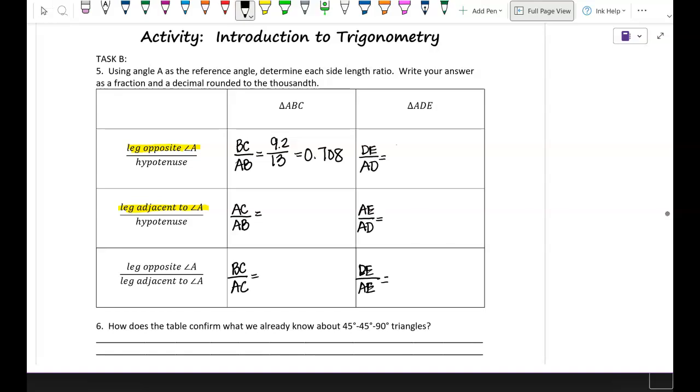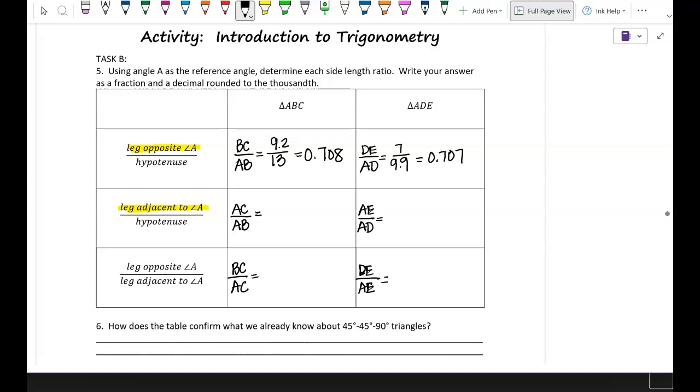For me, DE was 7 over 9.9, which gets me 0.707. Are those two numbers very close together? 0.708 and 0.707, yeah. Again, there's probably a little human error involved in the measuring there.